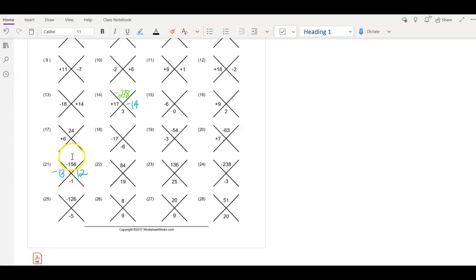Because my product is negative, I know I need one negative number and one positive number, and I'm just going to play around in my calculator until I get 2 numbers that multiply to 156. That's going to be 13 and 12. The sum of negative 13 and 12 is negative 1. So go ahead and pause and try to finish 21 to 28.